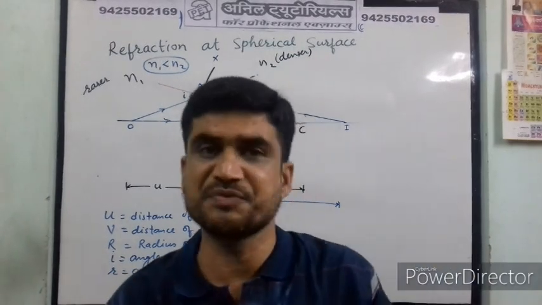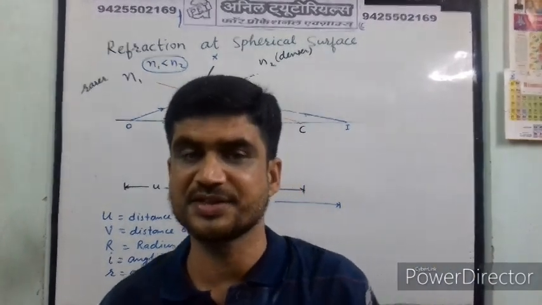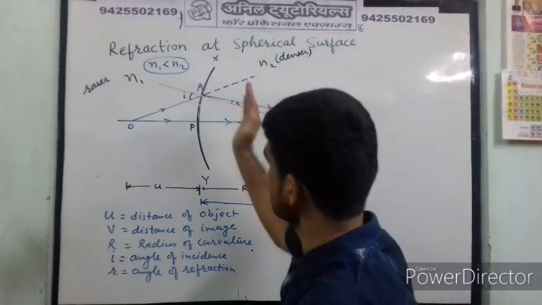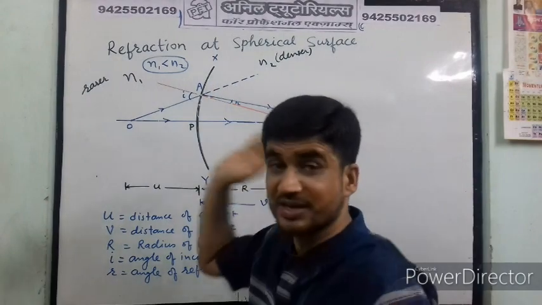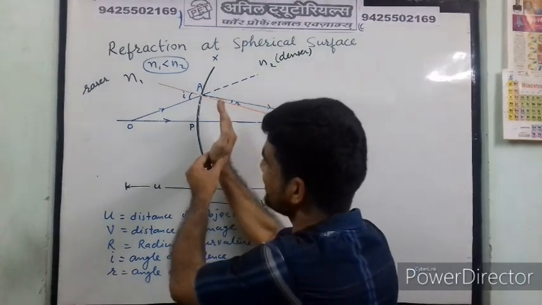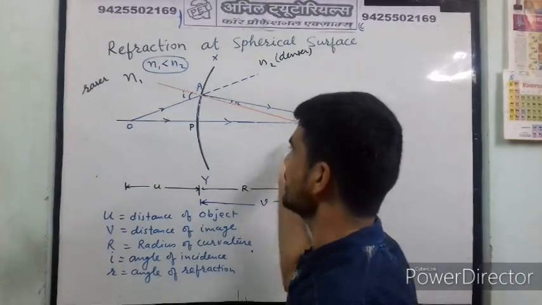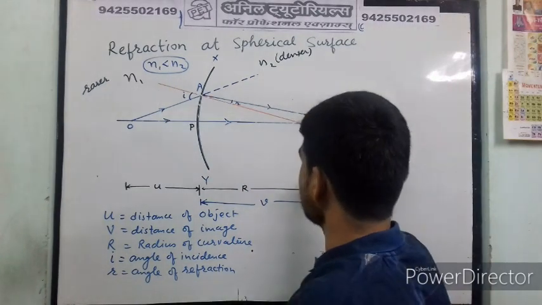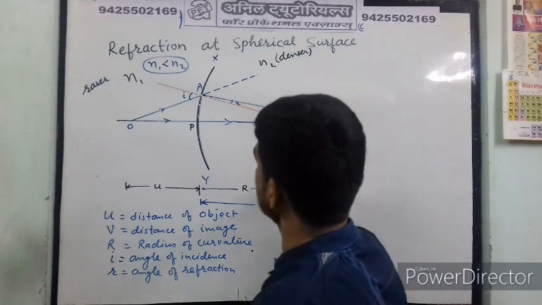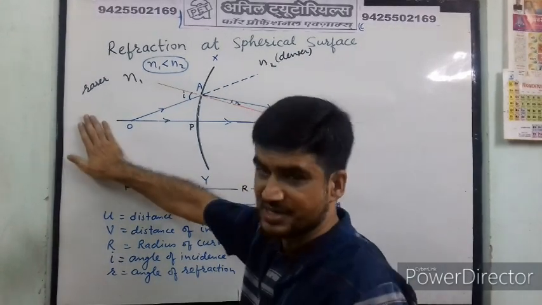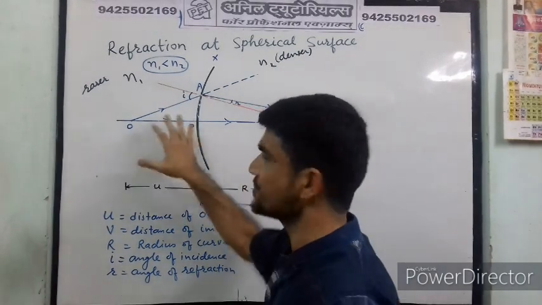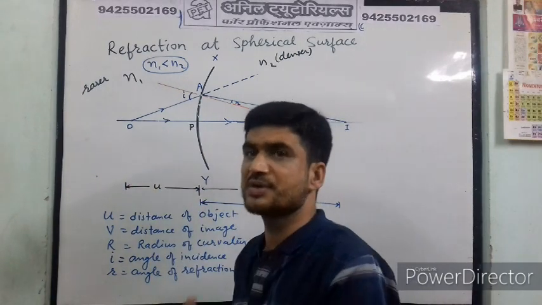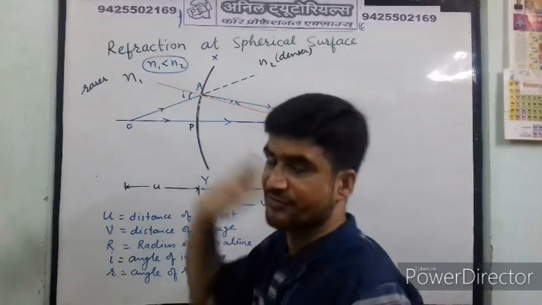In the previous video, on refraction at the spherical surface, we took the concave surface like that. In that concave surface I took the virtual image, meaning the refracted rays met on the same side. Here also it may happen, but that is a more realistic form.